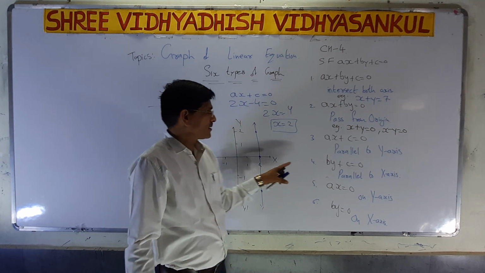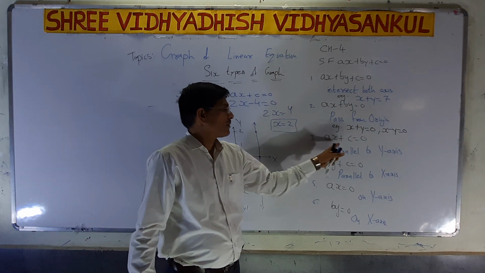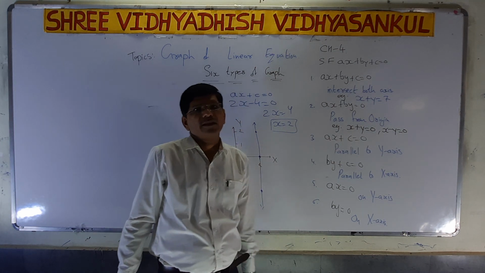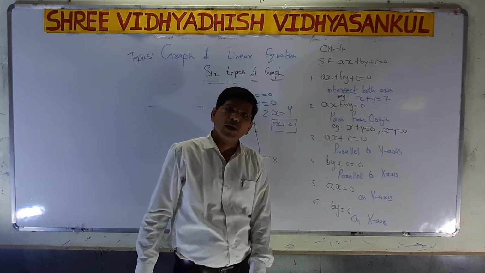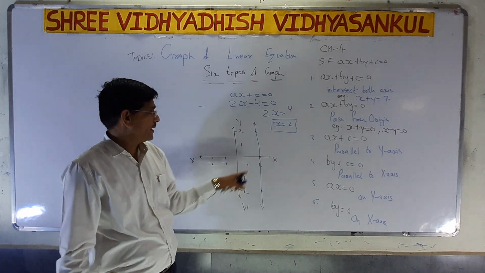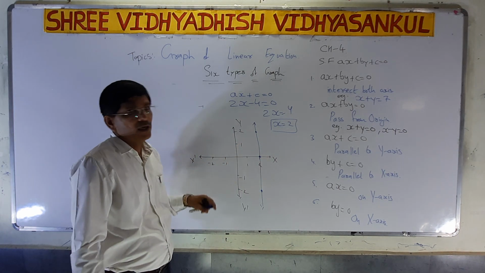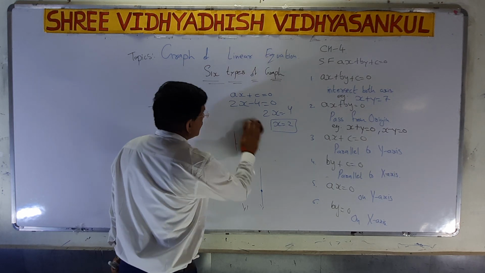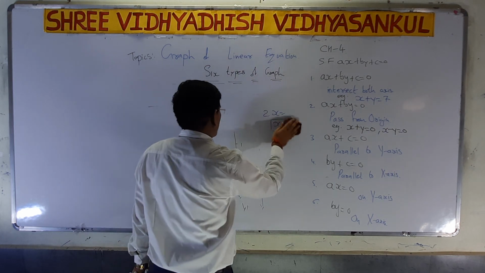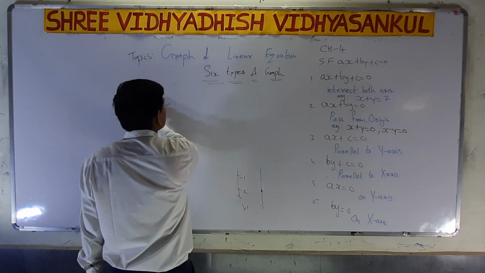So maybe some MCQs are possible with an x plus c type of graph and 4 options, and if the option parallel to the y axis is not given, we can also say it is perpendicular to the x axis.